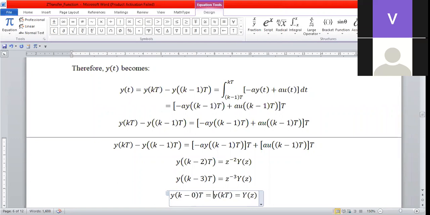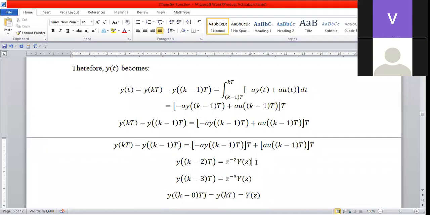Since you don't have any delay, the z transform of this is just y of z. Then if you have a delay of 2, the z transform is this. If it was a delay of 1, so k minus 1, the z transform is going to be this. I hope you all understand what I said.